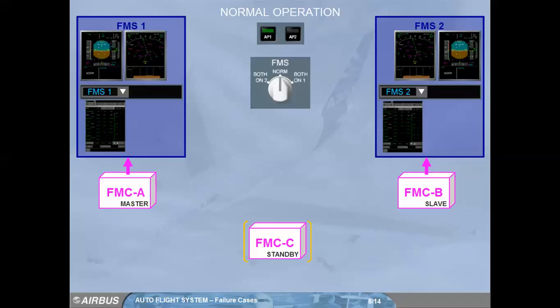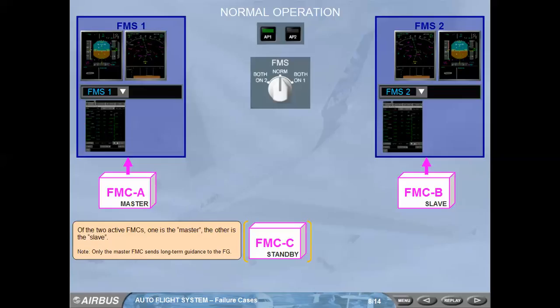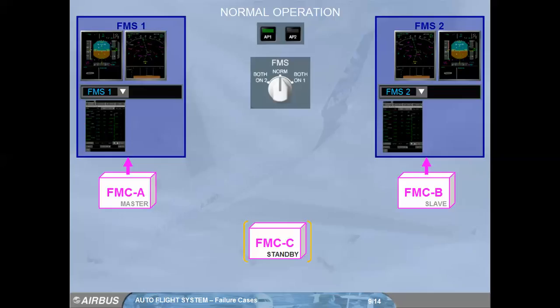Note: only the master FMC sends long-term guidance to the flight guidance. In normal operation, the two active FMCs independently calculate data, and they exchange, compare, and synchronize this data. FMS1 and FMS2 are in dual mode.